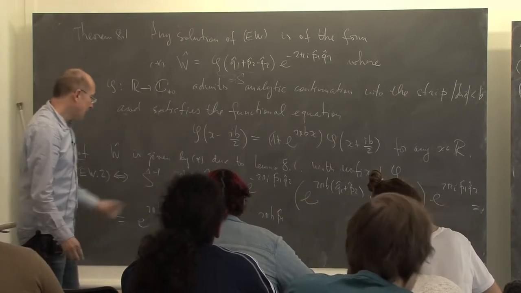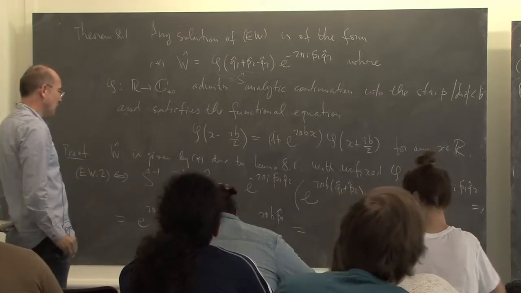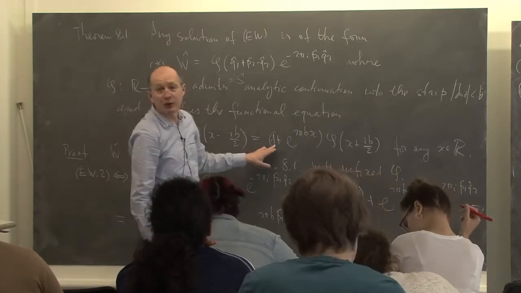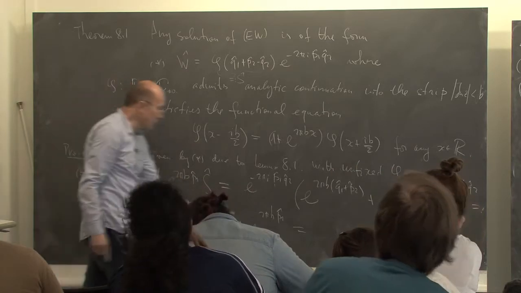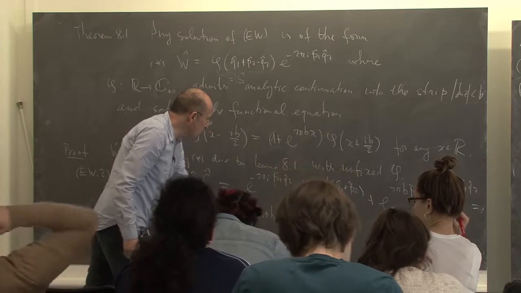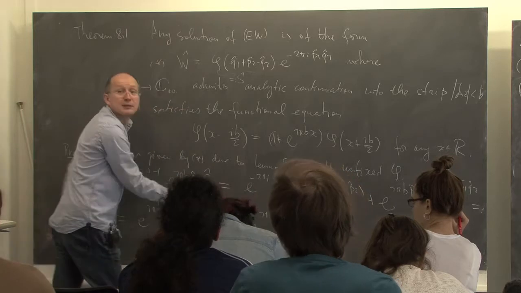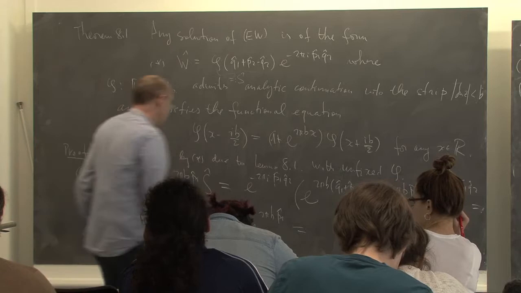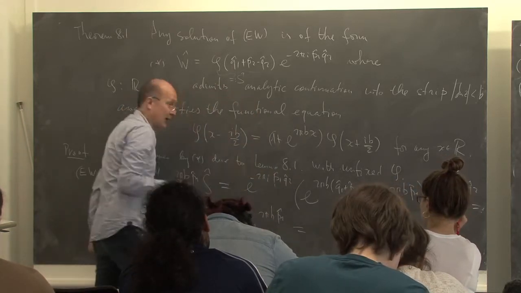That's it. And now here I'm using the following trick. As you see in the functional equation, we have a 1 plus something, so we want to create 1, which means that we have to pull out one of the factors. We pick this one and want to pull it out, but it doesn't commute with this. So the trick to avoid correction terms is to pull out one half to the left, another half to the right.